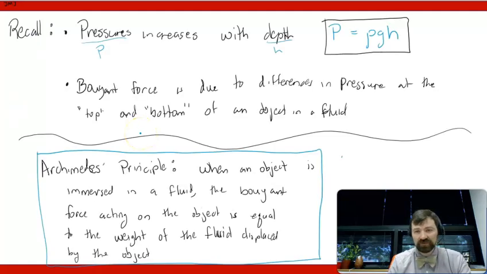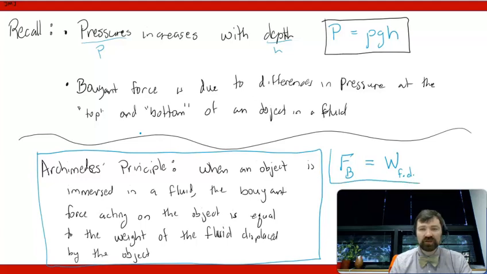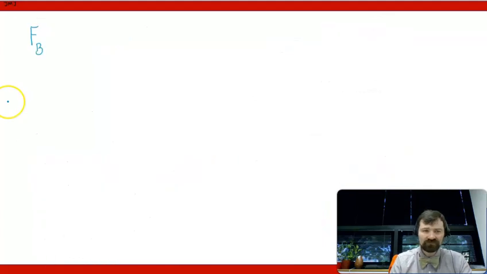Now there are different ways of using this principle. Essentially, the Archimedes Principle statement can be written in equation form. Let's write it over here. The buoyant force is equal to the weight of the fluid which has been displaced. Okay, so that is the shorthand equation form of the Archimedes Principle.